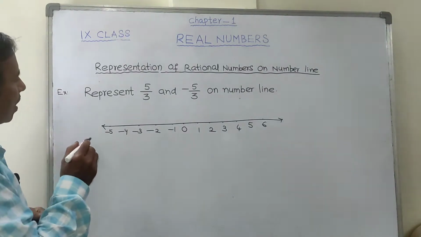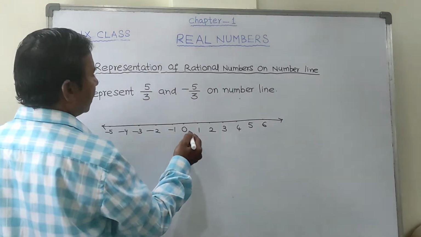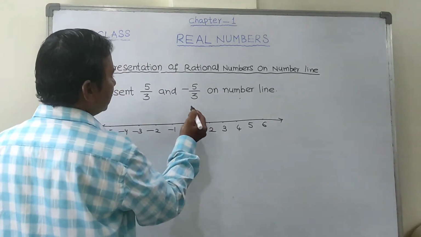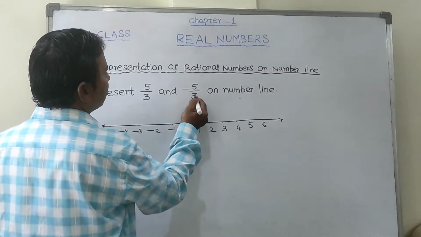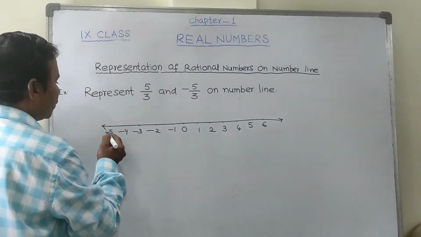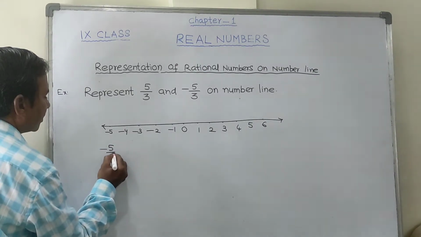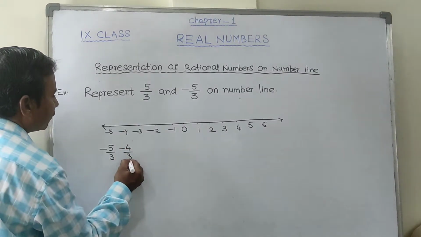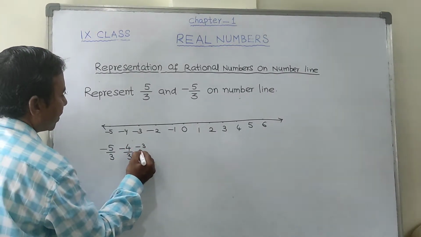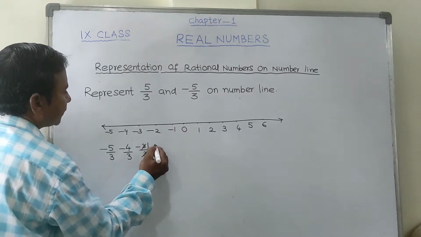Okay. After that, each value we have to divide by 3, as it was given that by 3 is there now. So each one we divide by 3. Like minus 5 by 3, then minus 4 by 3, minus 3 by 3, which is nothing but minus 1.